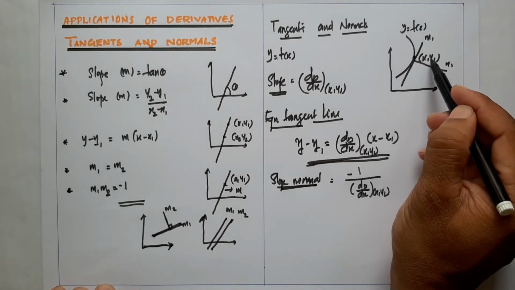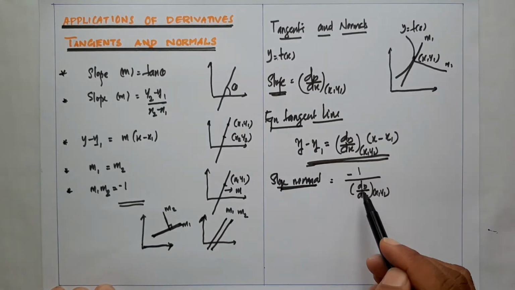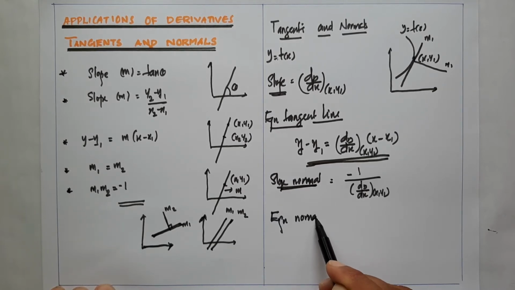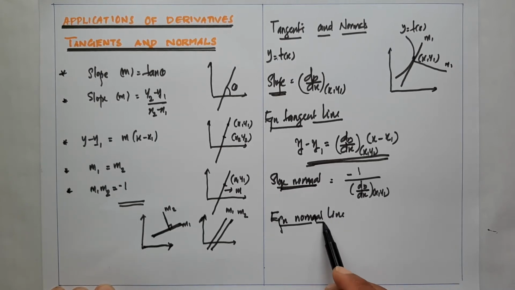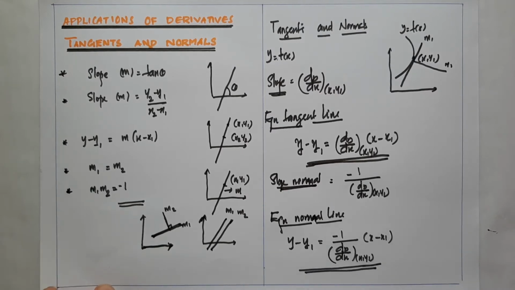This line also passes through the same point x1 y1. Therefore the equation of the normal line is y minus y1 is equal to minus 1 divided by dy by dx at x1 y1 into x minus x1.